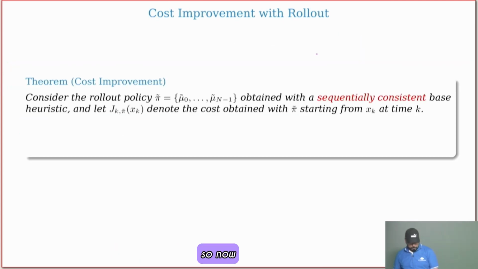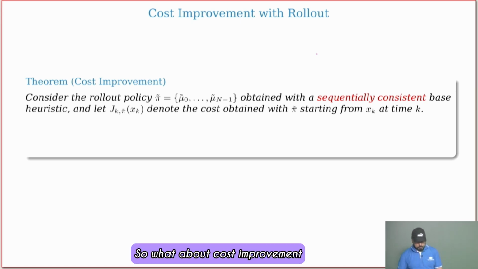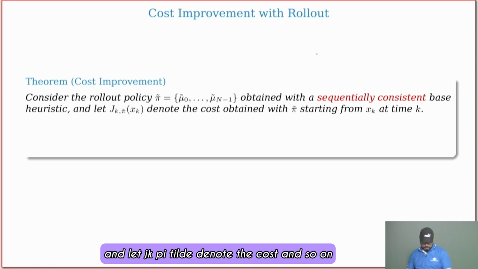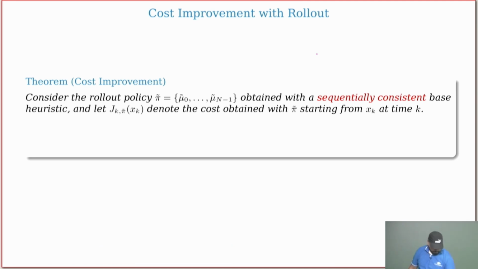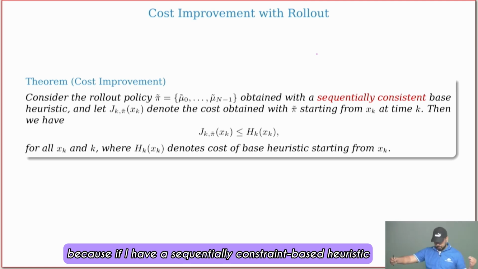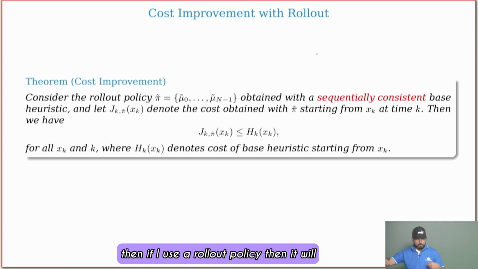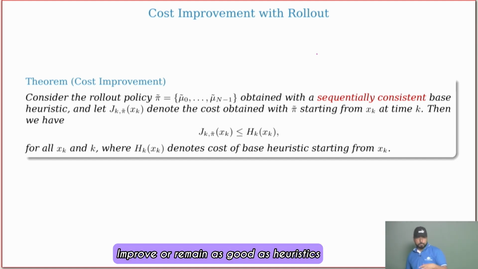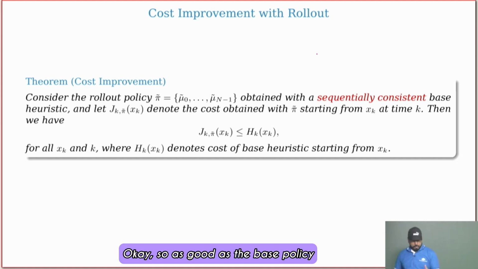Okay, so what about cost improvement? We call it a rollout policy. Consider a rollout policy pi tilde with a sequentially consistent base heuristic, and let Jk pi tilde denote the cost, and so on. In that case we have a guarantee: if I have a sequentially consistent base heuristic and I use a rollout policy, then it will improve or remain as good as the base policy.